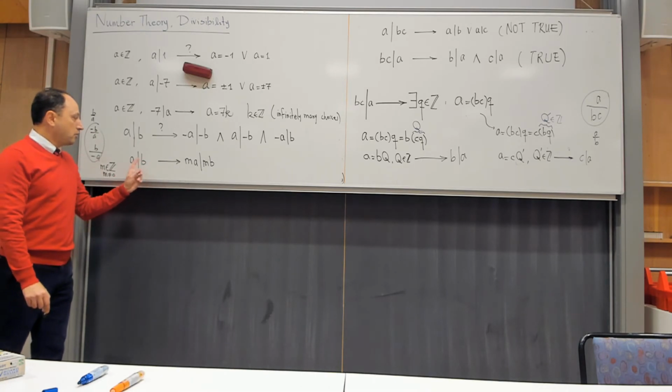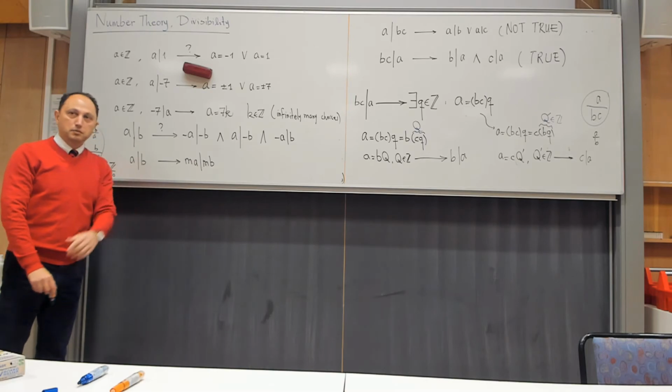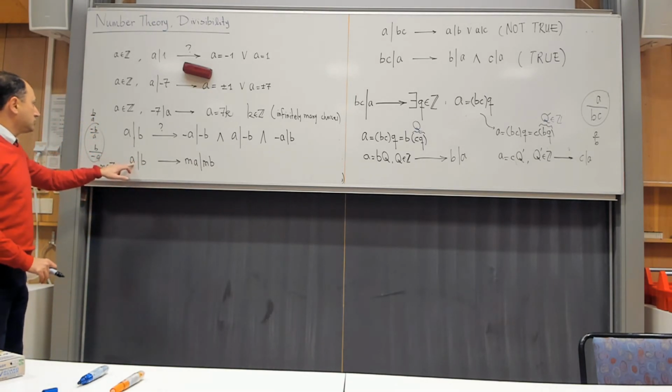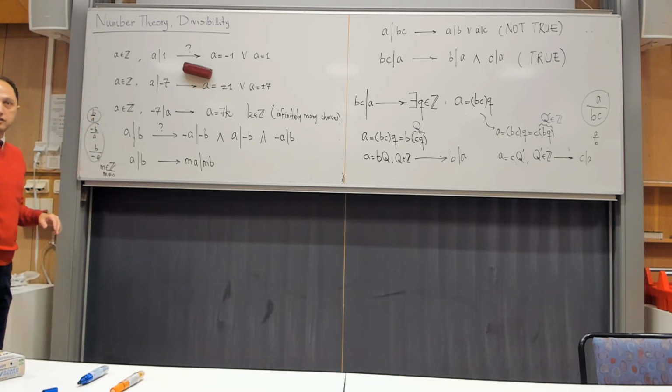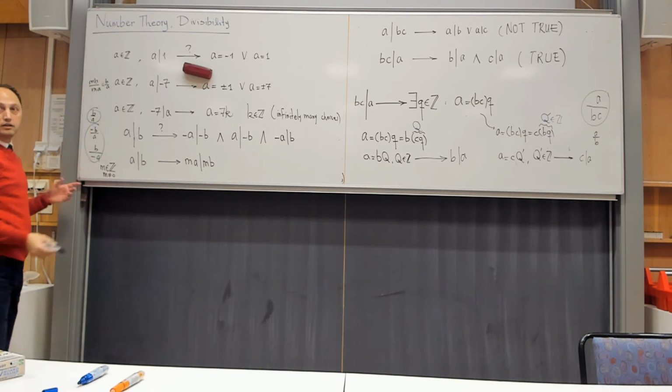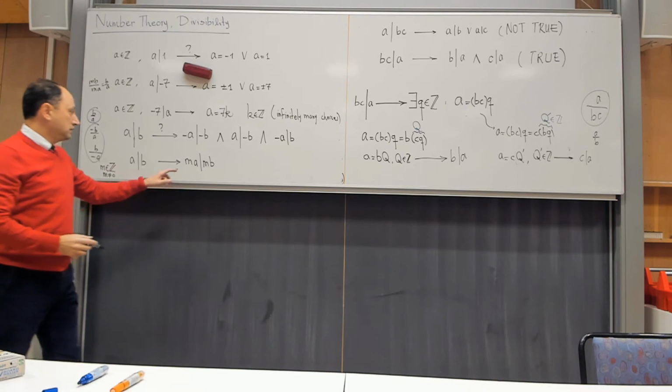And I multiply both sides by M. Do you think that this statement is still true? Yes? Because when you say this is true, it means B over A is an integer. And then MB over MA is exactly B over A. So that is true.